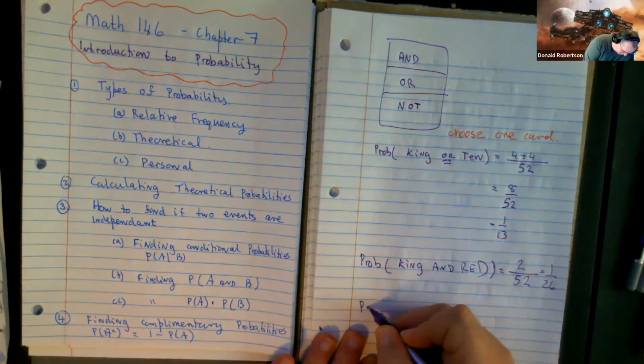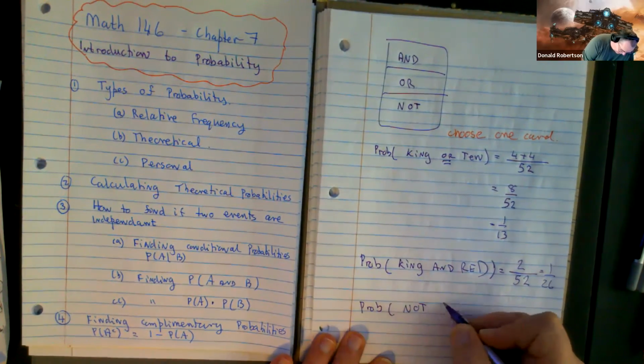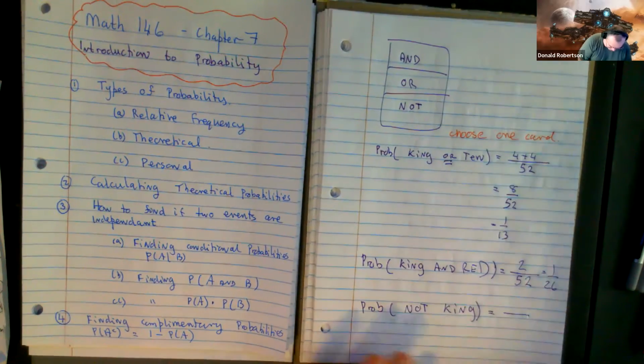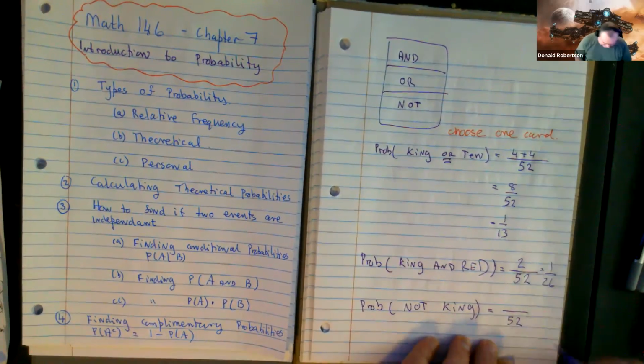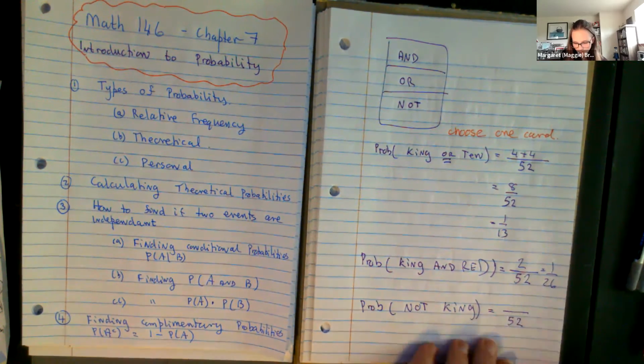Now you might get a question like this. What's the probability that you pick a card, one card, and it's not a king? Is it 48 or 52?